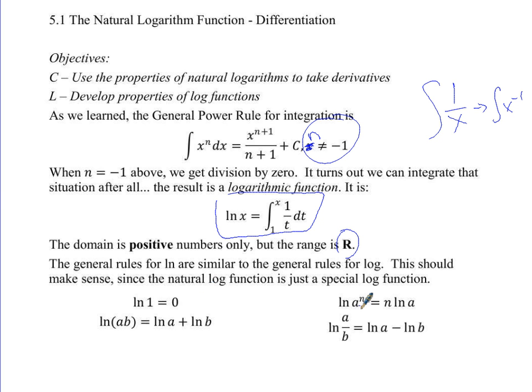The natural log of something to an exponent, I can take that exponent and write it out front, and then I have that exponent times the natural log of that something. If I have two things being multiplied together and I'm taking the natural log of that, I can split them up using addition. The natural log of that first thing plus the natural log of that second thing. And finally, if I'm dividing something and I'm taking the natural log of it, I can split that up using subtraction this time. The natural log of the numerator minus the natural log of the denominator.